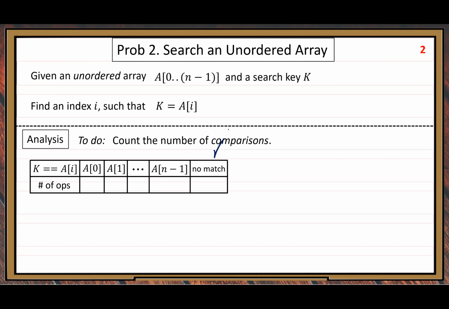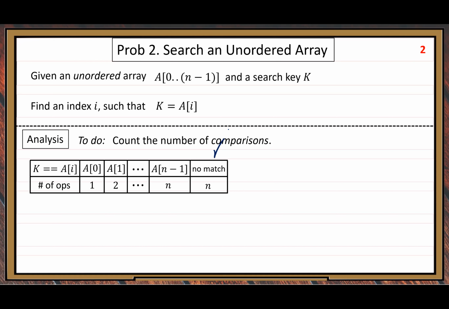So let's count the number of comparisons one by one. If k equals a of 0, one comparison, a of 1, two comparisons, and so on. The last array element, n comparisons. Then no match case, also n comparisons. So that's all the possibilities.